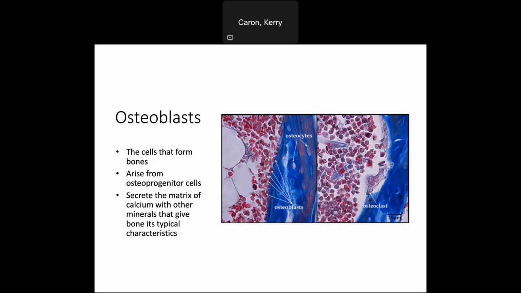Okay, so osteoblasts arise from the osteogenic cells or osteoprogenitor cells. And again, it secretes calcium like a matrix, like a web. It makes minerals and it's building up the bone. So you can see here, osteoblasts building up the bone. In the second picture, you're going to see osteoclasts breaking down the bone.